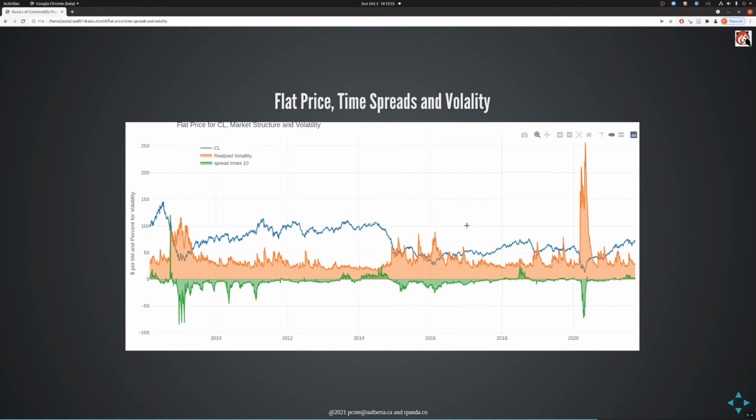So we can see that the periods on the left-hand side, if we look at the 2008, 2009 economic crisis, we tend to see a fall in the price of the commodity, as well as the market moving into steep contango and high volatility. And as prices move up, it becomes less volatile and the spread returns to more normal levels. And we see the same dynamics occurring with COVID-19 into early 2020, Q1, Q2 2020.